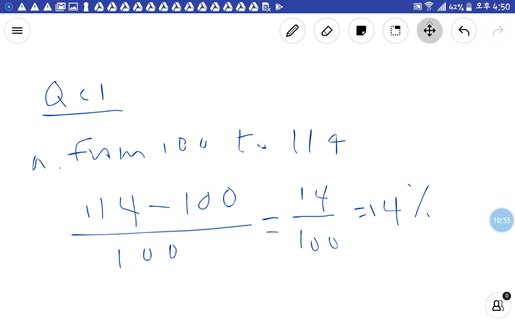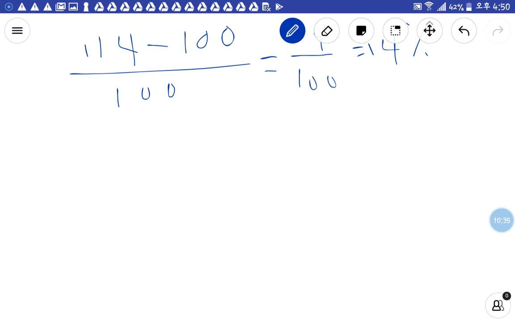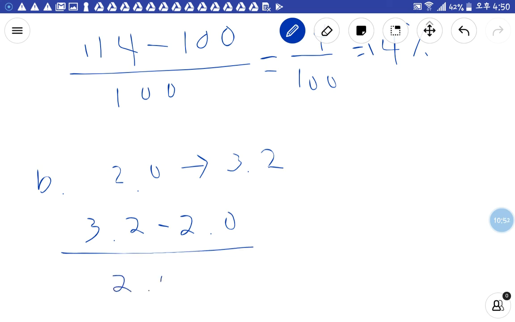Okay? Now B. From 2.0 to 3.2. So what is the amount of change? 3.2 minus 2.0. What is my original amount? 2.0. So what is 3.2 minus 2.0? Which is 1.2 divided by 2.0.